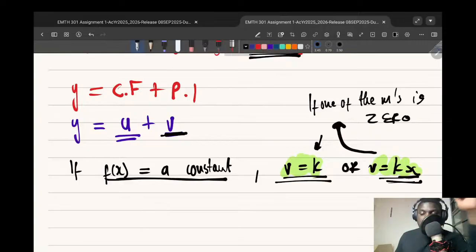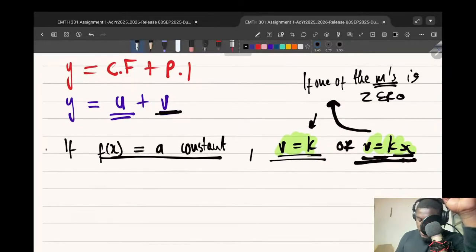Remember how we're going to find the m's. We'll be using what we learned above, where you do your D operator form, auxiliary equation, and solve that for m. If one of the two answers for m is 0, then use kx. But if your m's are numbers that are not 0, then you just put k for v. That's case number 1.